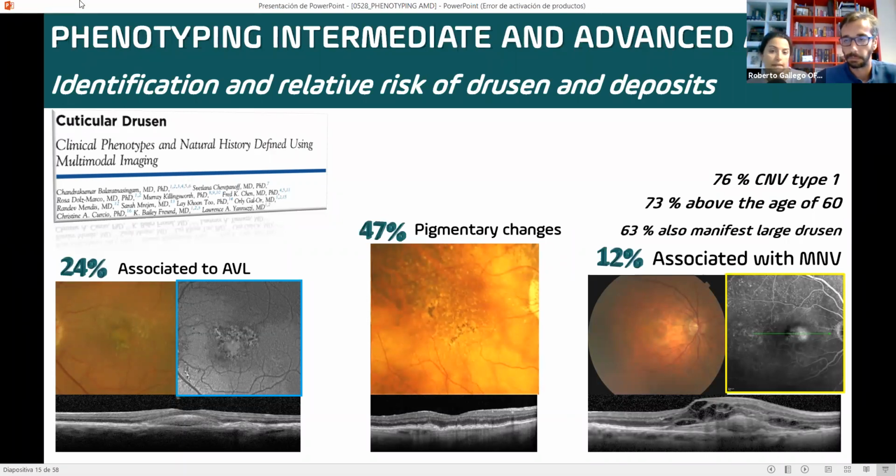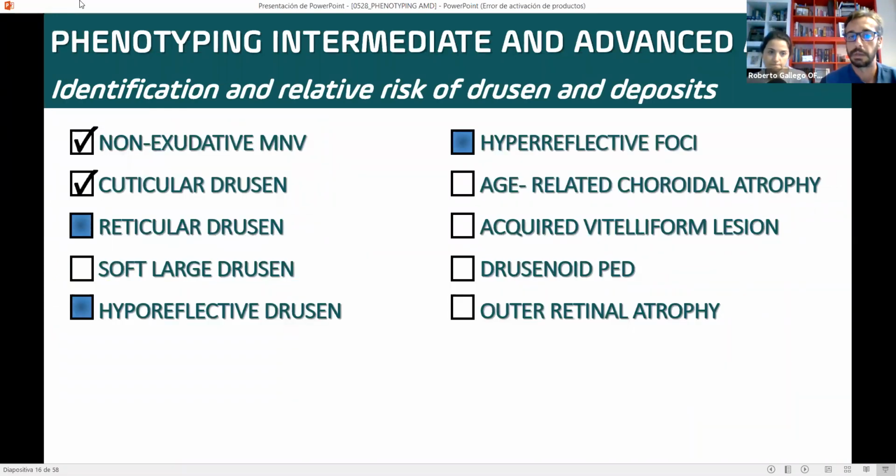So they may develop a lot of complications. And I've seen patients with cuticular drusen with really highly progressive geographic atrophy. And that's also a problem, because for neovascularization, at least we have treatment. But yeah, I will not say they are benign. That's the point. So we have covered also cuticular drusen.